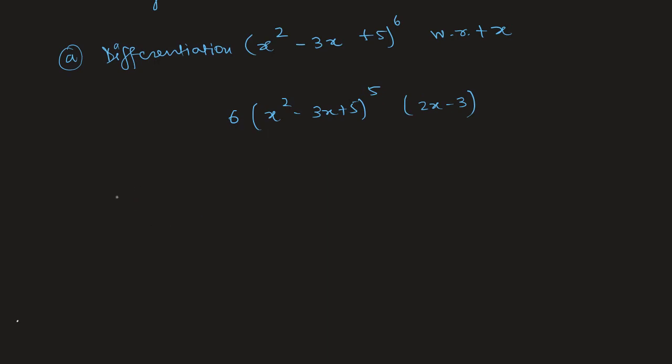Now let's suppose there is another question, that B part: find the integration of (2x minus 3) into 2 and (x square minus 3x plus 5) to the power 5 dx.